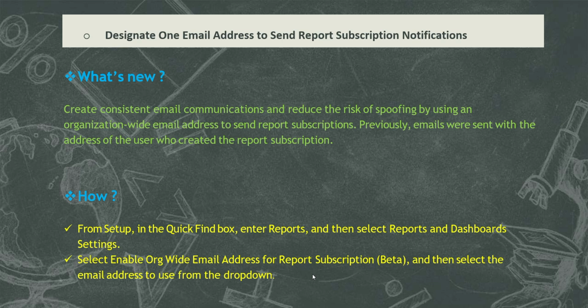Then select the email address to which you are subscribed, for another user also. If the mail is going to me and I want to add two or three more mails for the subscription, you can easily add that with this new feature.